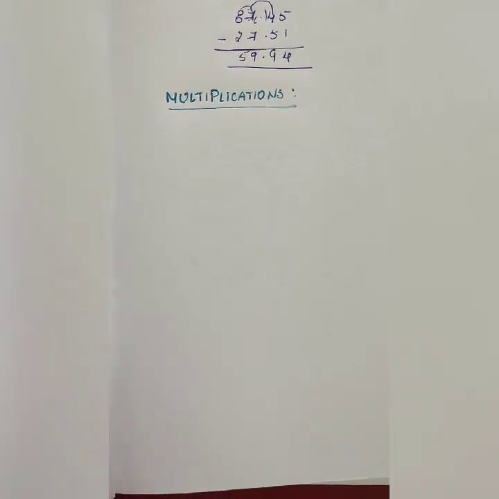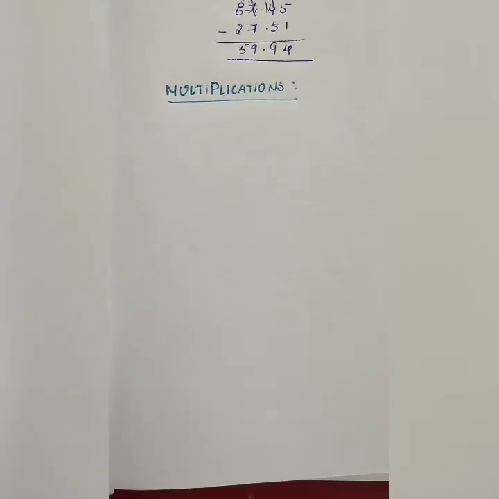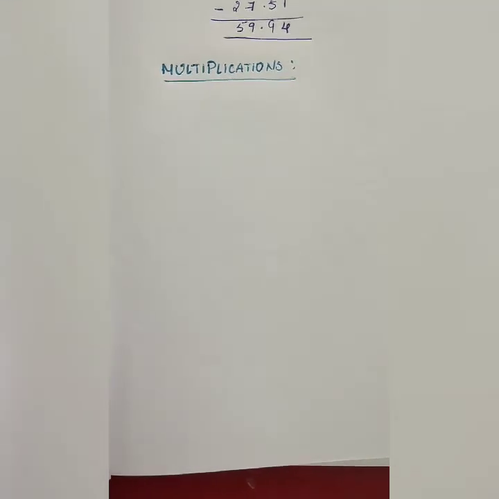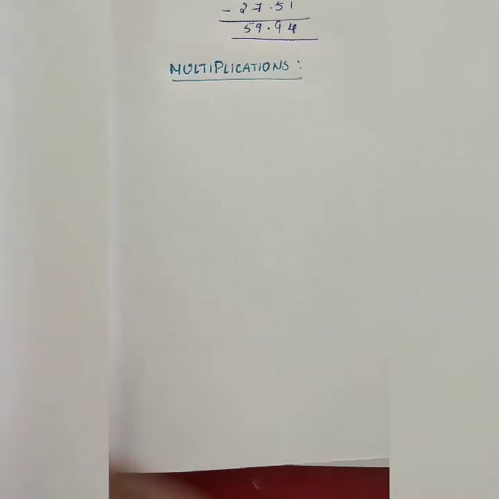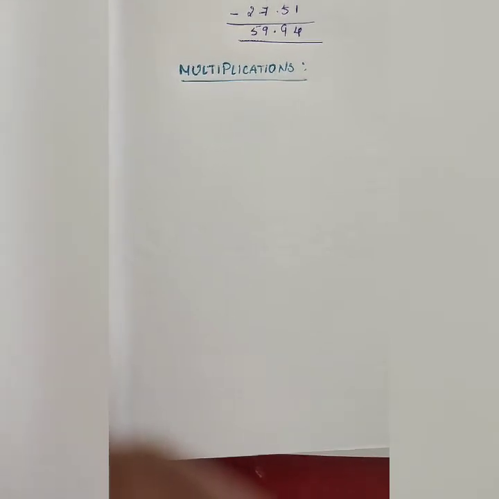Do the general multiplication, and whatever result you get, keep a decimal point according to the number of decimal digits. Okay, that is the formal method. And there is another, easier method of converting into fractions. Let us see both.